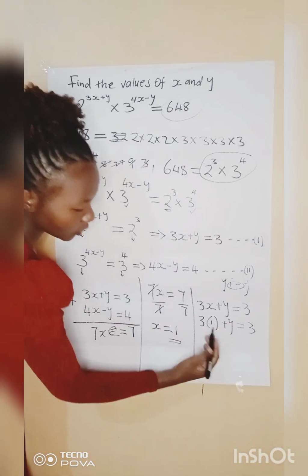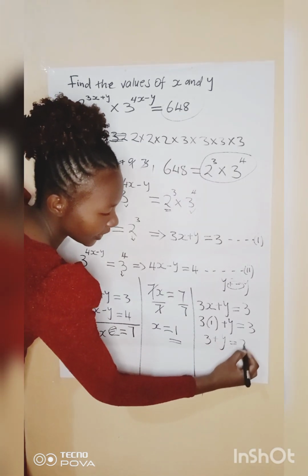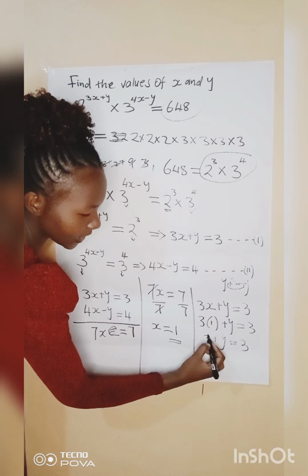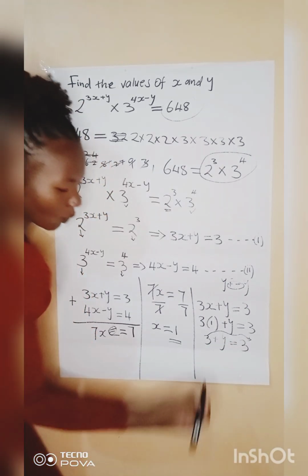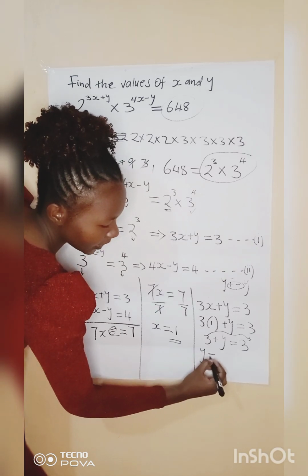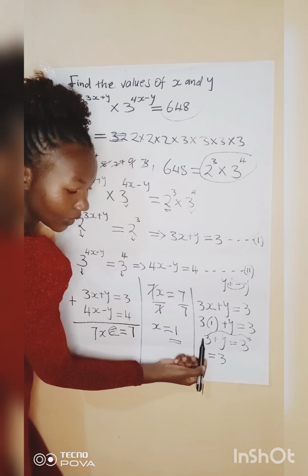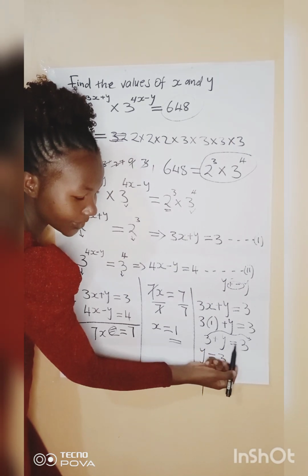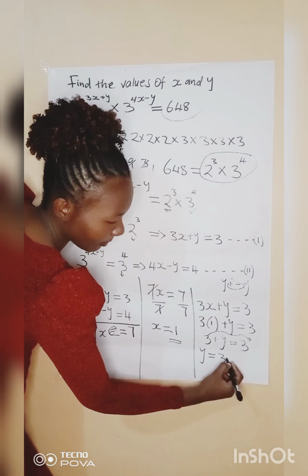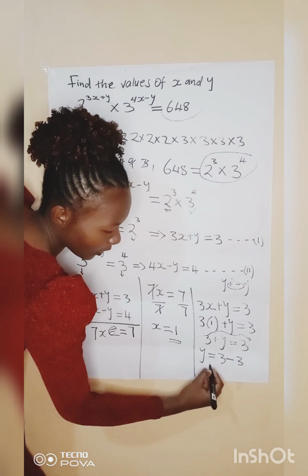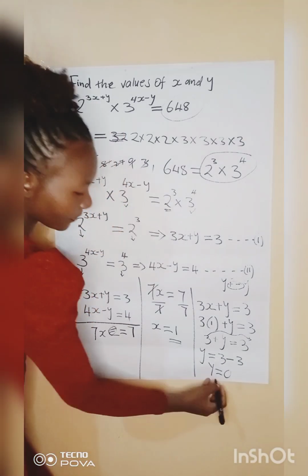So 3 times 1 is 3 plus y, which is 3, and then we can take this 3 to the other side so that we can remain with y. So y equals 3. Our 3 is positive here. Now upon crossing the equal sign, it becomes negative. So this one is 3 minus 3, and our y is equivalent to 0.